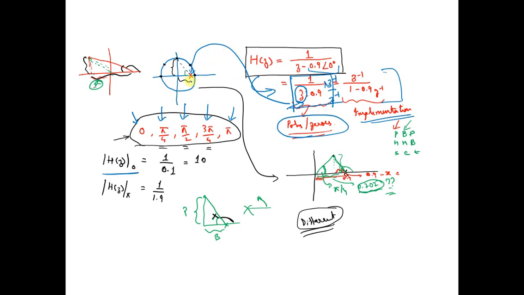This to this distance, total is 1, so how much came? 0.1. So your gain at 0 is 10. On the other hand, if you go for pi at this location, it is 1 by 1.9.